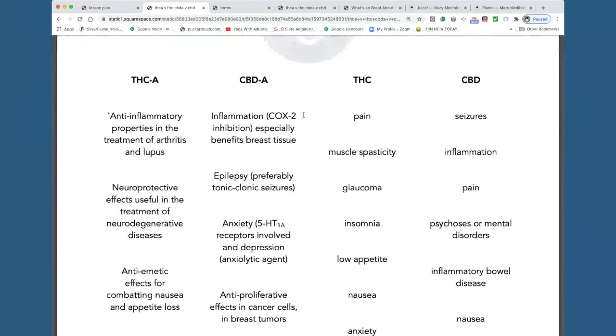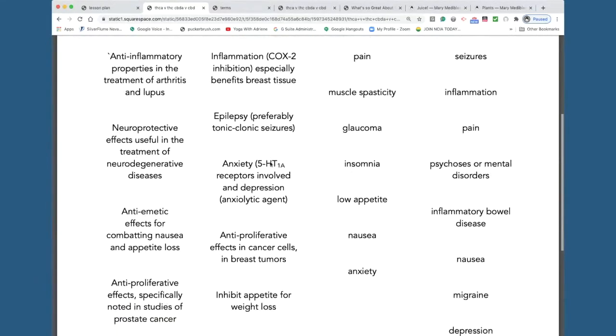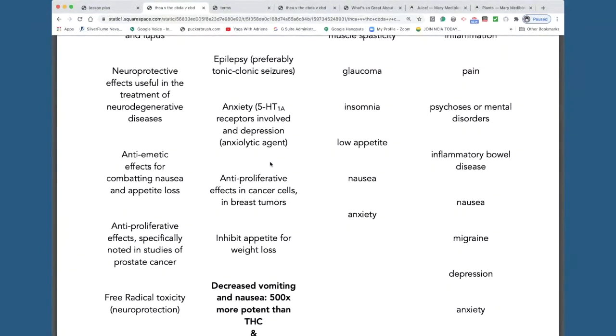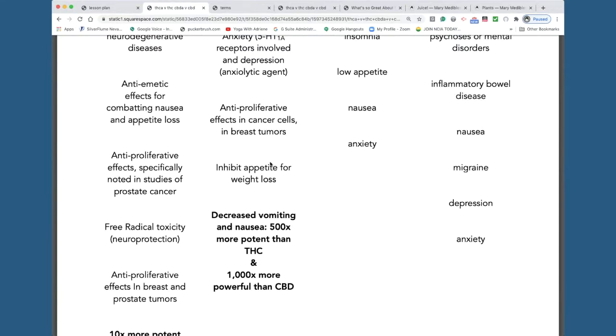So THCA, why would you want to incorporate that into your treatment regimen? Because it has anti-inflammatory properties, neuroprotective effects, anti-emetic effects, combating nausea and appetite loss, anti-proliferative effects, and counters free radical toxicity.